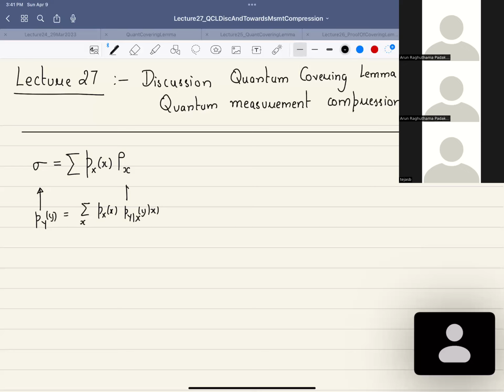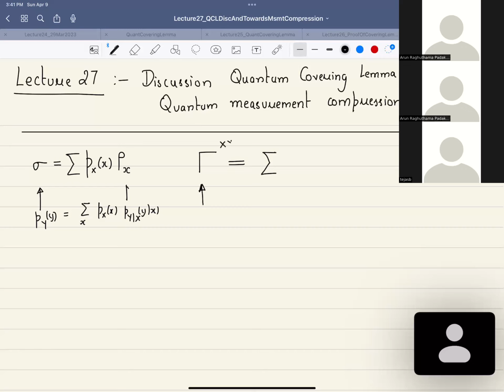So I will define a system, gamma. It's a classical-quantum system. This is a density operator, but it has two components, x and y.